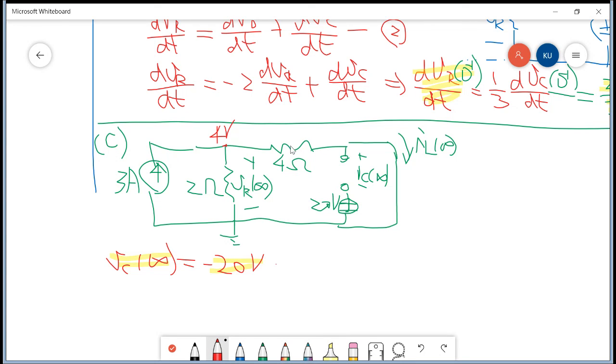This parallel resistance of 4 ohm and 2 ohm will be 4 over 3 ohm. So this is 4 volt, and in this case IL(infinity) would be 4 volt over 4 ohm, which is 1A. And actually we know that VR(infinity) is 4 volt.